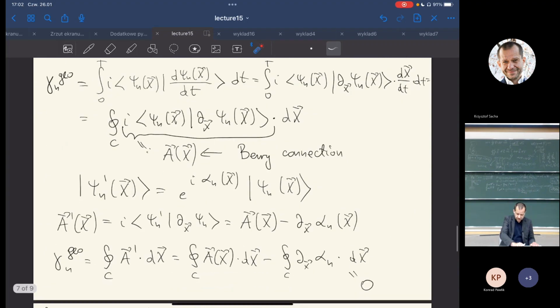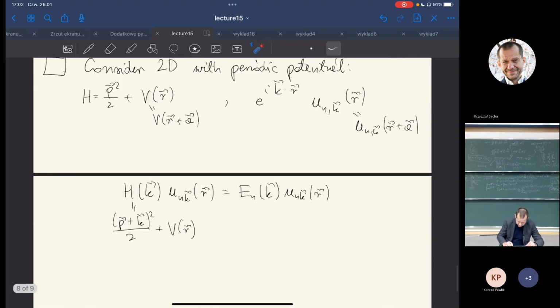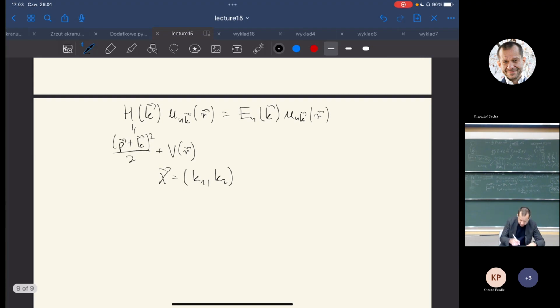So that means that we can identify the space of the system parameters with the quasi-momenta of this periodic system in space. And then we can define Berry curvature.